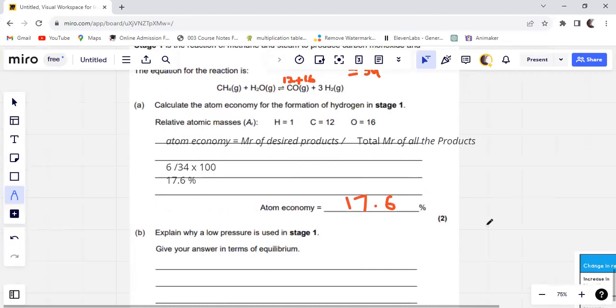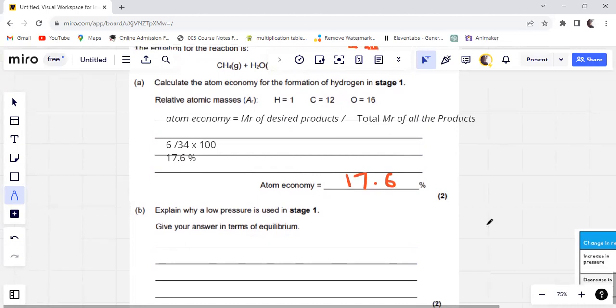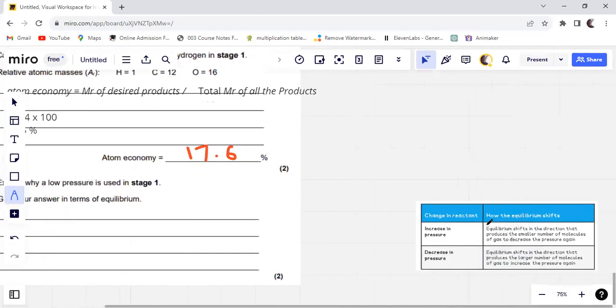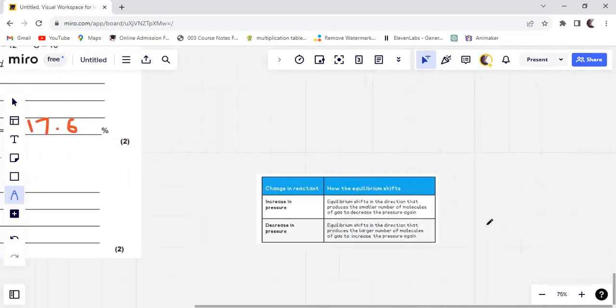For the pressure condition, according to Le Chatelier's principle, we should know how pressure affects the position of equilibrium. Look at this table. Whenever you get an increase in pressure, the equilibrium will shift in the direction that produces the smaller number of molecules of gas in order to decrease the pressure again.